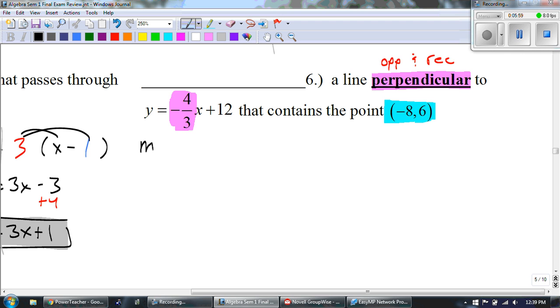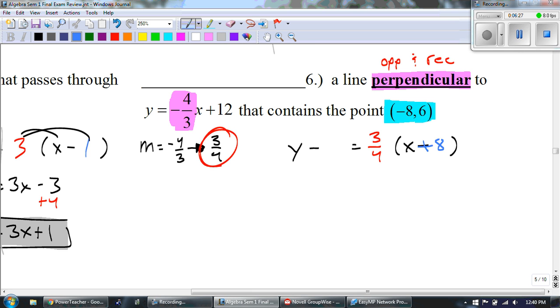So if my current slope is -4/3, I need to take the opposite reciprocal of that. If it's negative, it's going to be positive, and if it's 4/3, it's going to be 3/4. So this is our new slope, and I just plug it in. Okay, my slope is 3/4.